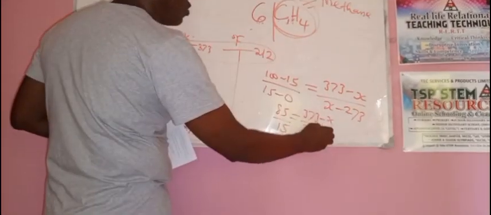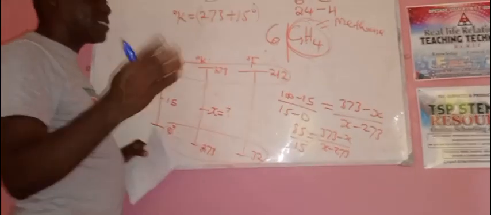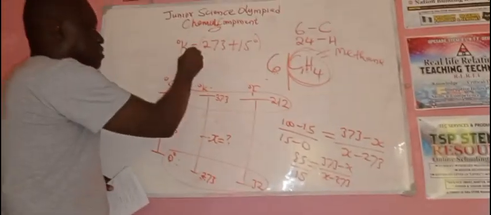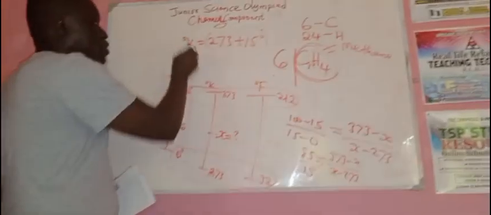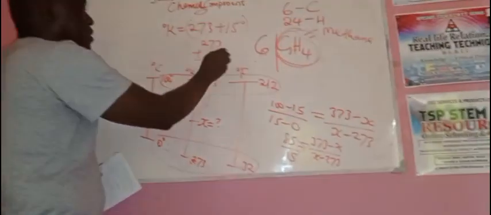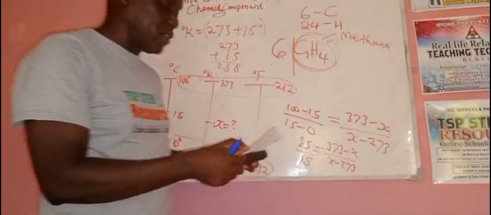This will be multiplied by 373 minus x over x minus 273. Then find your x. You must be very good in mathematics. But the short form is just add this to 273. You have the answer in degrees what? So 273 plus 15, 288. Is it there? Yes, it's one of the options given to us.